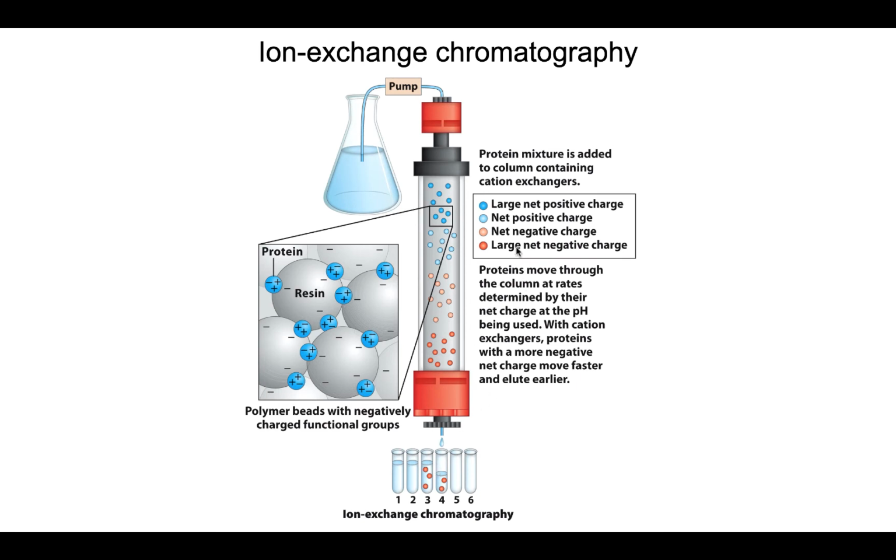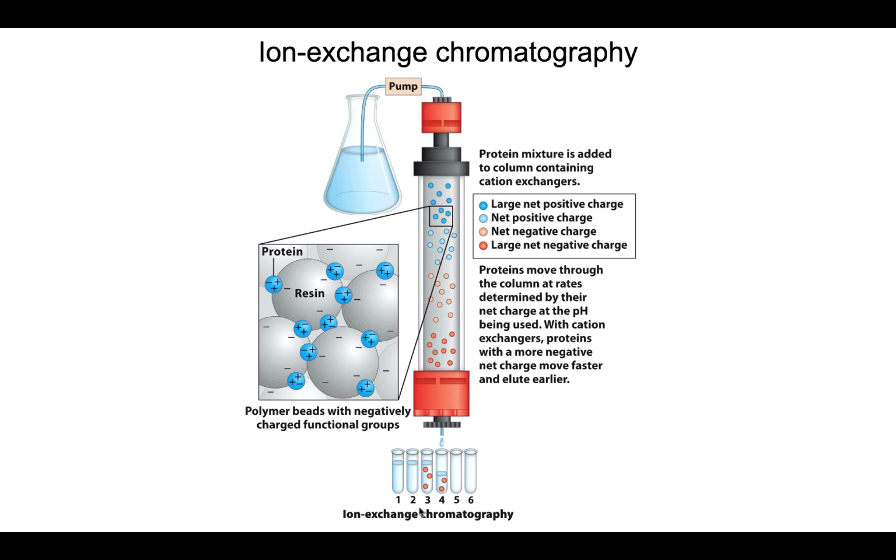Whereas any proteins that have some sort of net positive charge, with a small or a large net positive charge, they're going to stick to these beads, these resin negatively charged beads, and they're going to come out in later fractions. So again, the net charge of your protein will determine which fraction it's going to come out at.